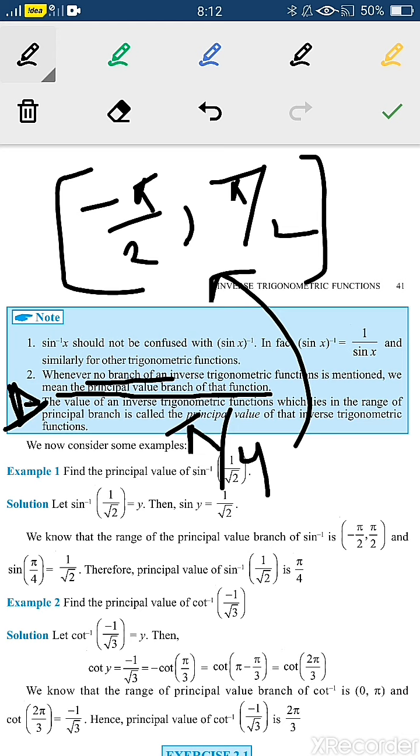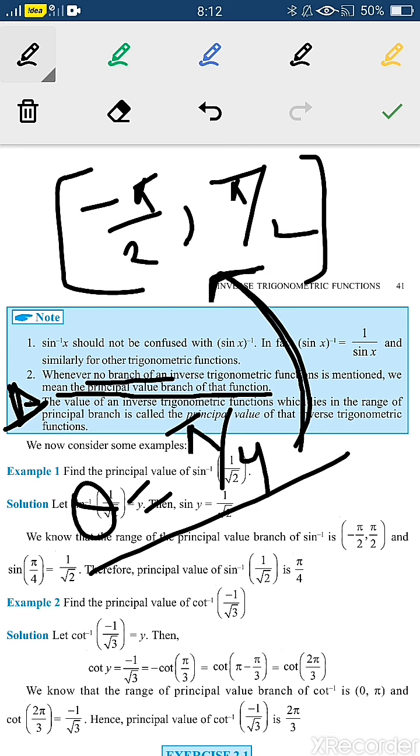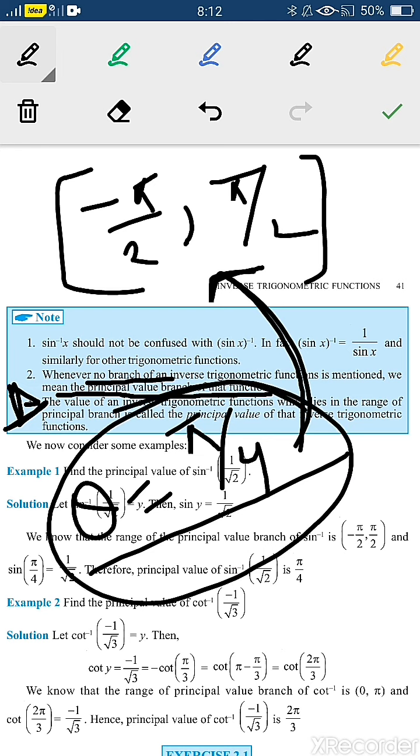Whatever the question is, I got the value of theta as π/4. If this value lies in the principal value branch, this is called the principal value.